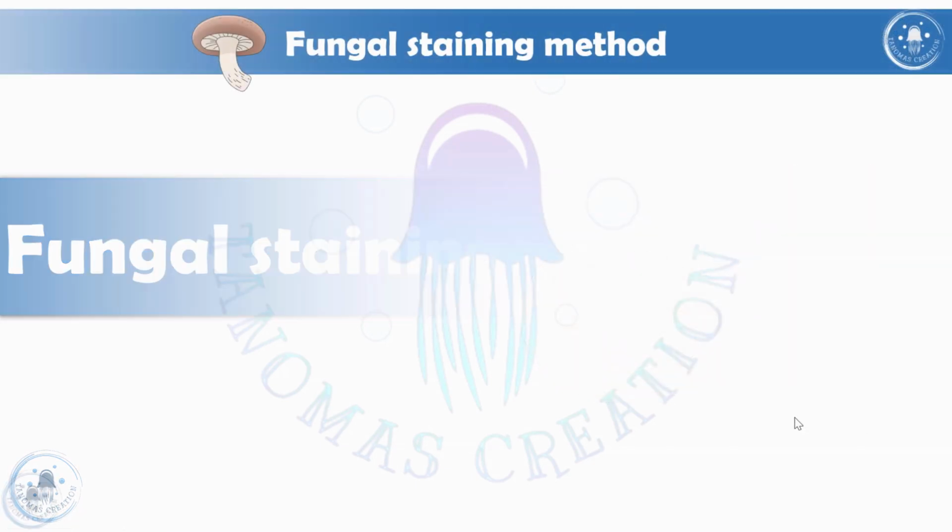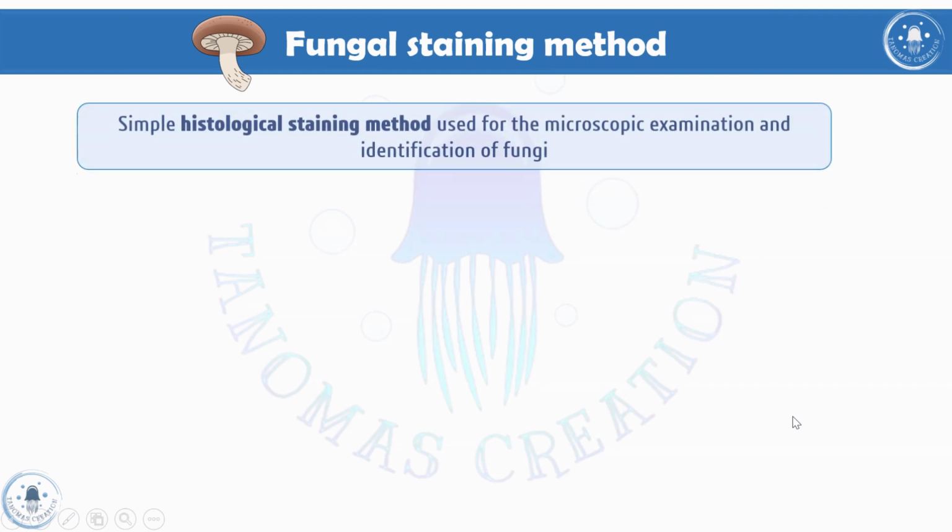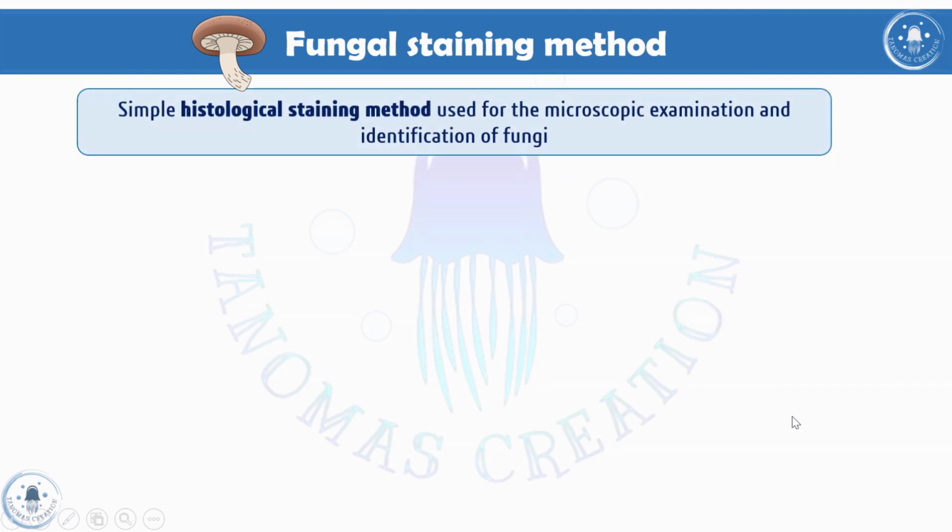The fungal staining method is a simple histological staining method that is used for microscopic examination and identification of fungi. It is also a differential staining method. We learned different types of staining methods in our previous video, in our staining video.